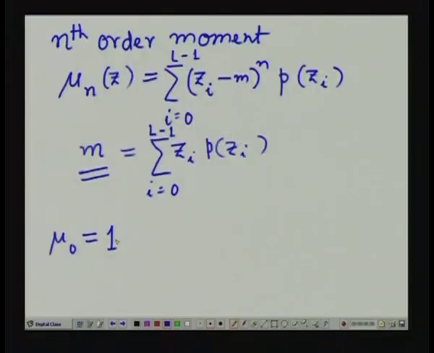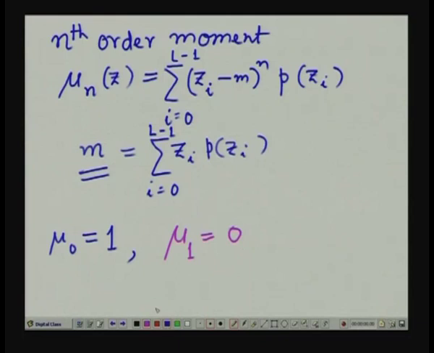If I add all these different probability terms, the net summation becomes equal to 1. So, the 0th order moment of this histogram is simply equal to 1. Similarly, if I take the first order moment, that is mu_1, you find that mu_1 will be equal to 0.